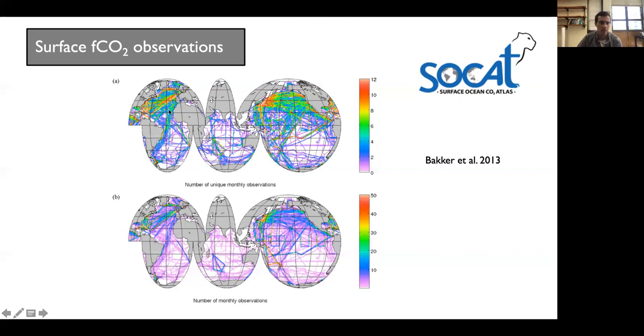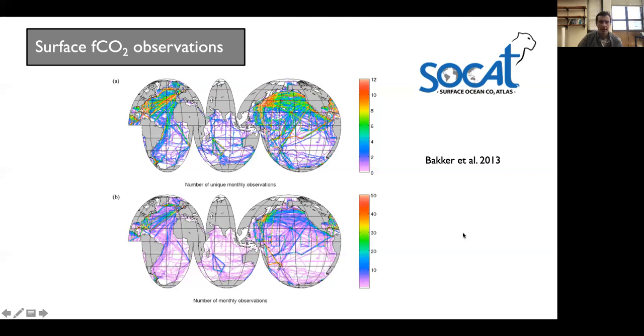And places where we get full seasonal cycles are colored in the reds and light reds here. Places where we only have a couple months out of the full annual cycle sampled are these purples here. So the Southern Hemisphere is really fairly deficient in some areas, and we have big open ocean areas elsewhere as well.